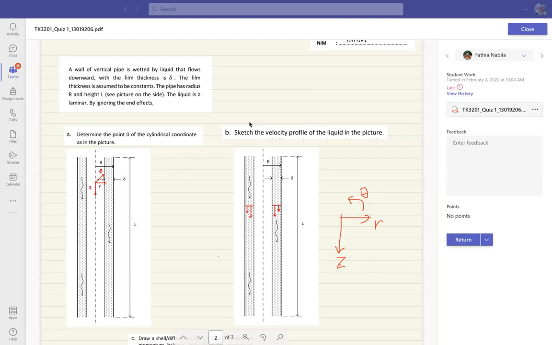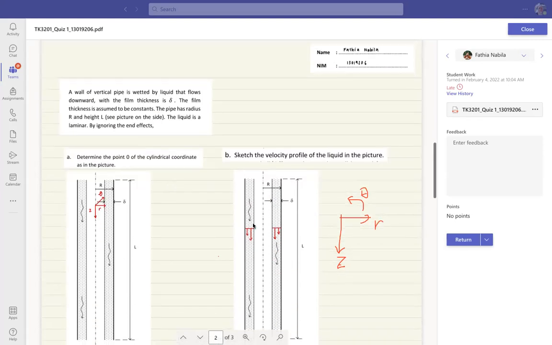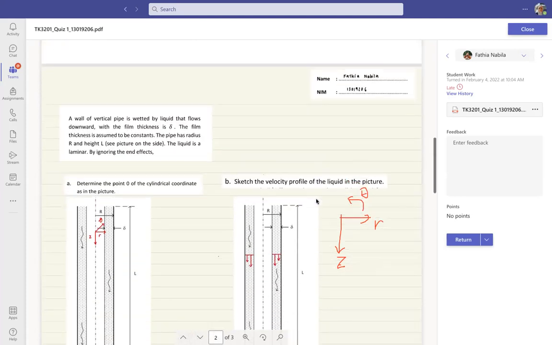Next. Okay. Let me close this. So the velocity, you also have to write the profile, just to make sure that there is no velocity on the wall.